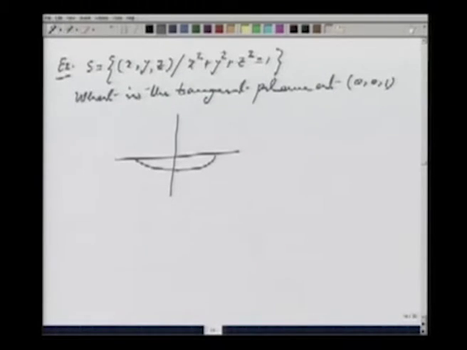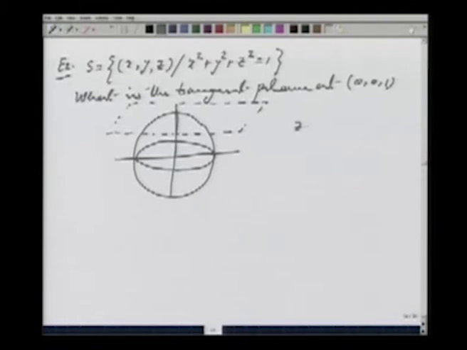So my sphere is this. Let us say this is the point, the intersection with the z-axis is the point 0, 0, 1, and I want to know what is the tangent plane. My intuition suggests that the plane should be parallel to the xy plane just at the height z equal to 1. So the tangent plane should be the plane z equal to 1.